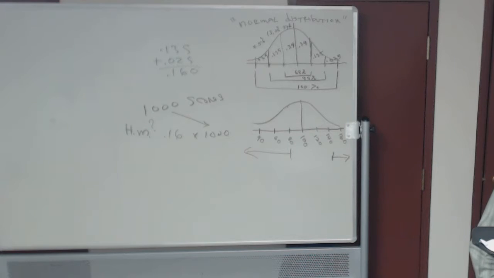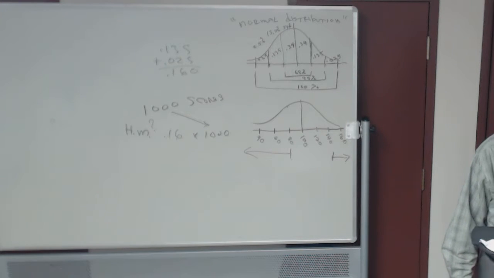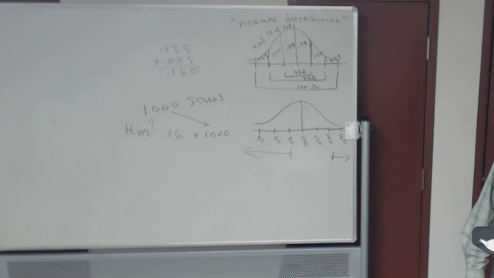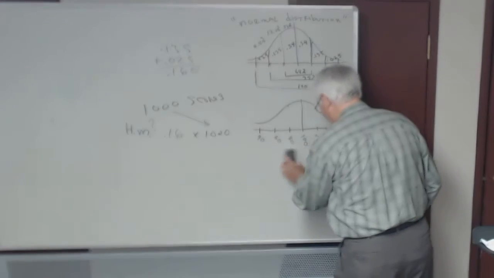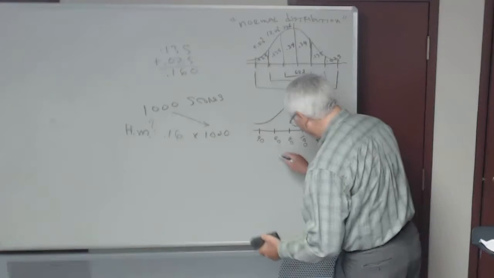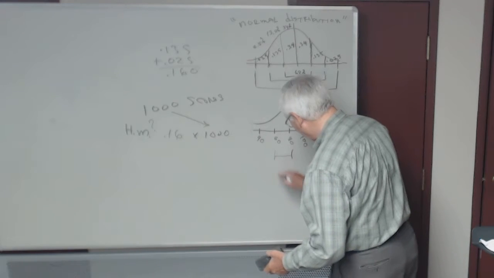All right, now we're ready for 7C. What does 7C say? How many scores are between 60 and 80?